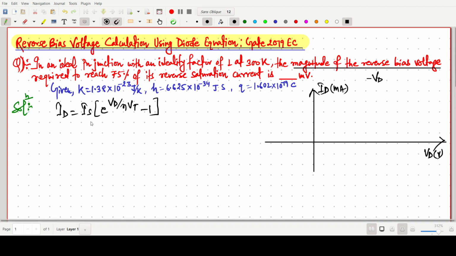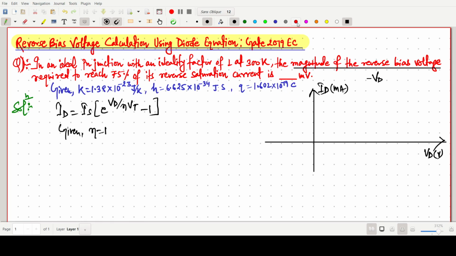This is the diode equation, or sometimes called the Shockley diode equation, where in the question it is given eta is 1, that is our ideality factor is 1, and these are some values: Boltzmann constant 1.38 into 10 to the minus 23 joule per Kelvin, Planck's constant 6.6 into 10 to the minus 34 joule second, and charge 1.6 into 10 to the minus 19 coulomb.